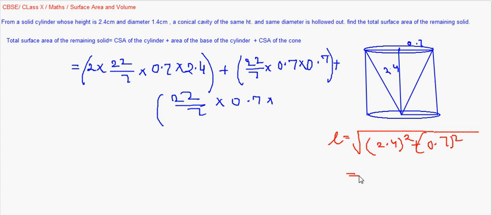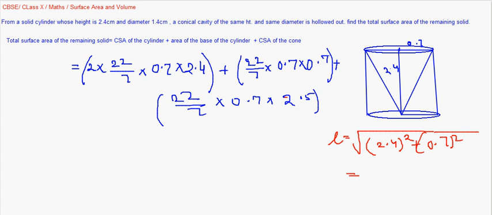So I write it here, 2.4 into 2.4, plus 0.7 and 0.7 gives you 0.49, so it will be 2.5 if I calculate that.